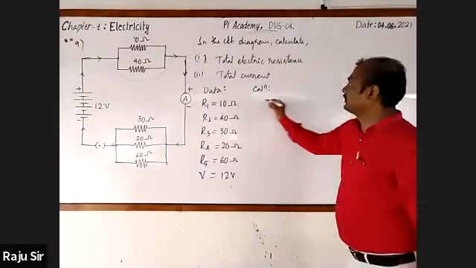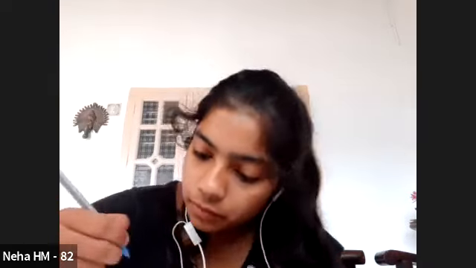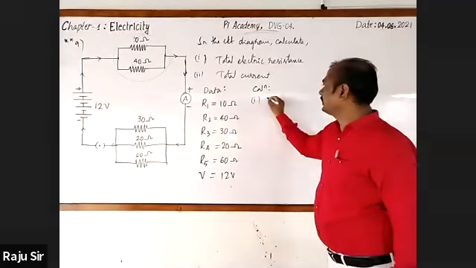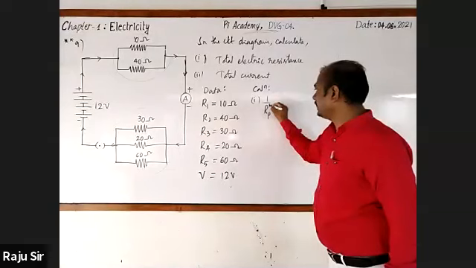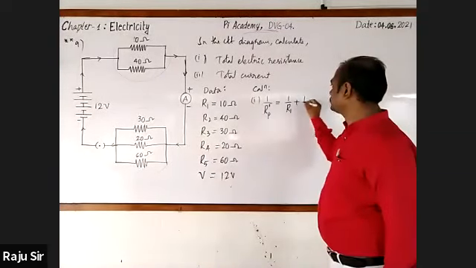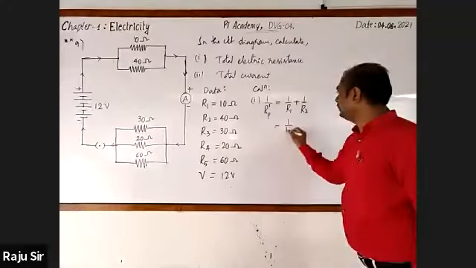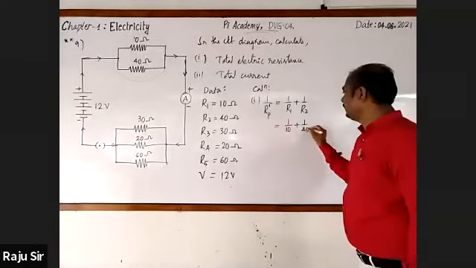Here I'll go for the calculation. You can also observe that. First one, 10 ohm and 40 ohm are there. Both are in parallel. I take this as RP dash. 1 by RP dash is equal to 1 by R1 plus 1 by R2, which is equal to 1 by 10 plus 1 by 40.